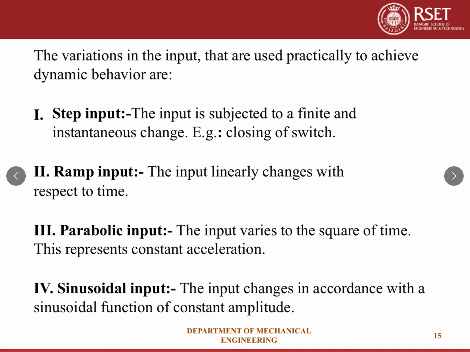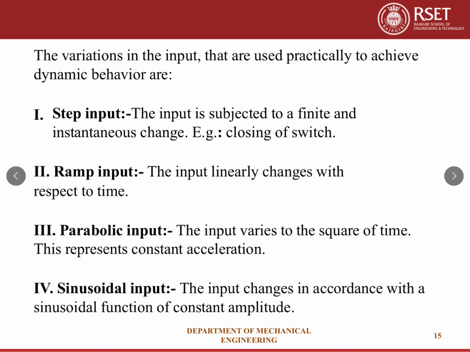One is step input, that is, input subject to finite and instantaneous change. The input is not varying continuously, just like 0 and 1, 0 and 1. So it's having a finite value, not a continuous value. It's called step input.